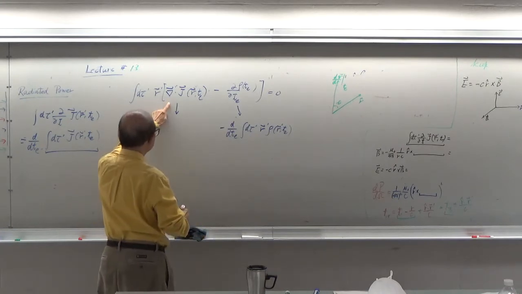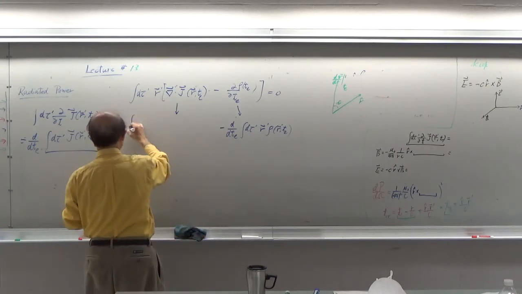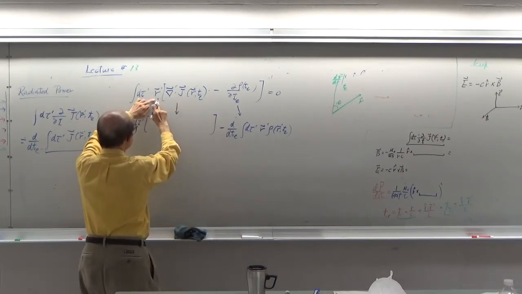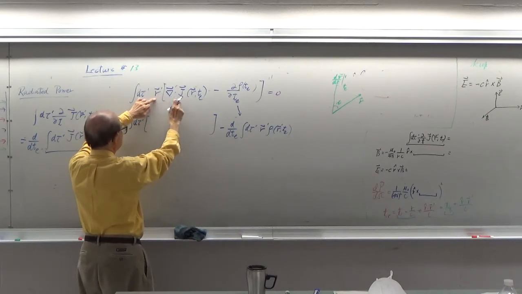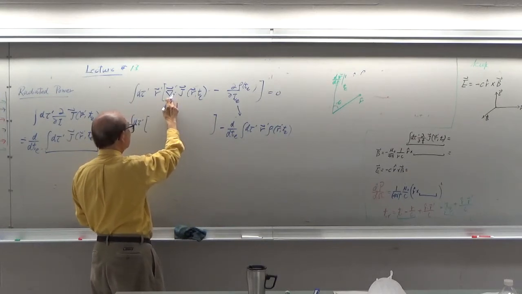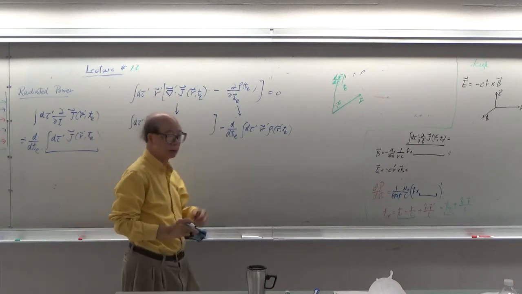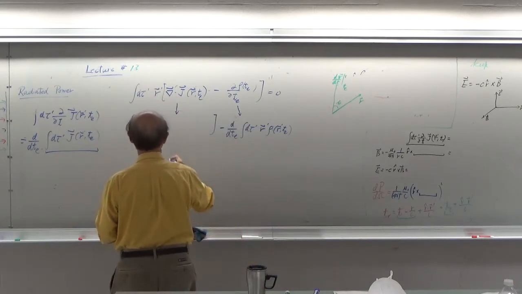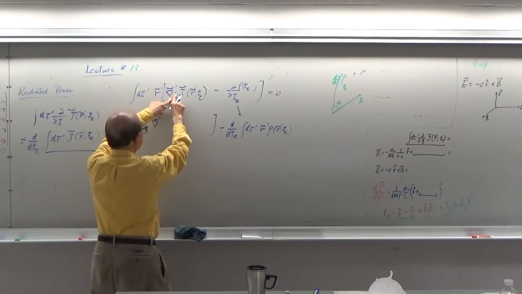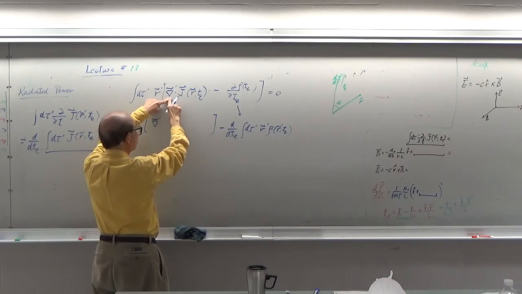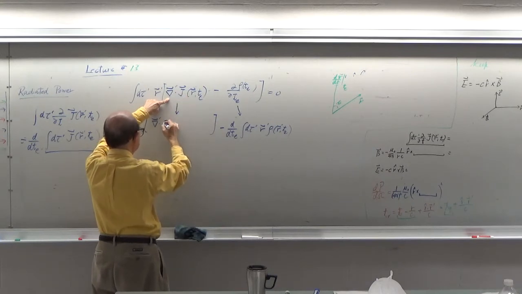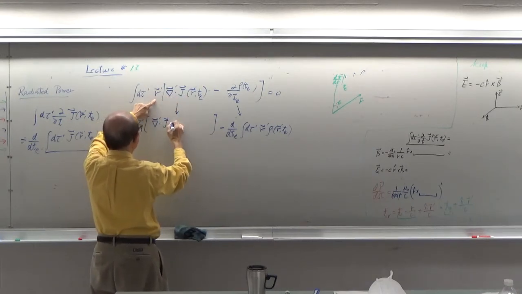How about this term? This term is nothing but the following. In this expression, I have r prime times divergence of J, so that this gradient acts only on J. But let me in fact move this gradient to the left side of r prime, so it acts on r prime also. So I will have divergence of this, that means the scalar product of this gradient operator vector and J. So J is standing next to the gradient, then r prime.